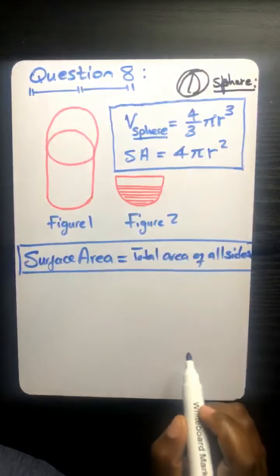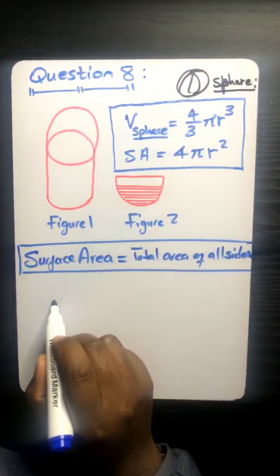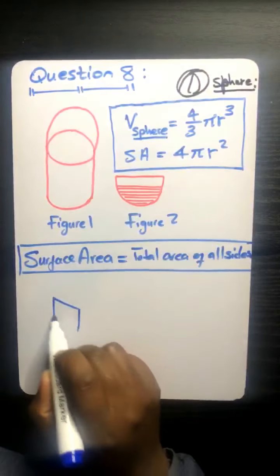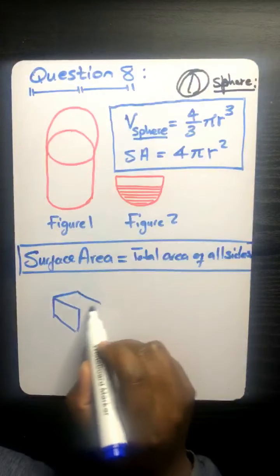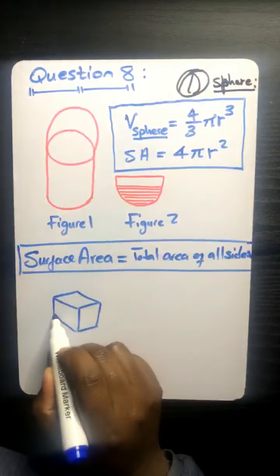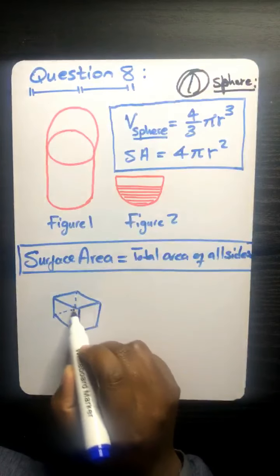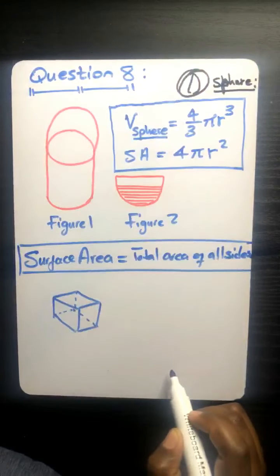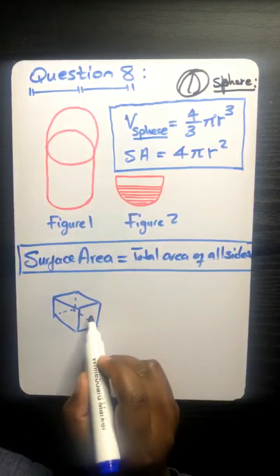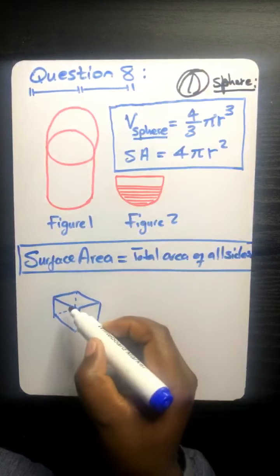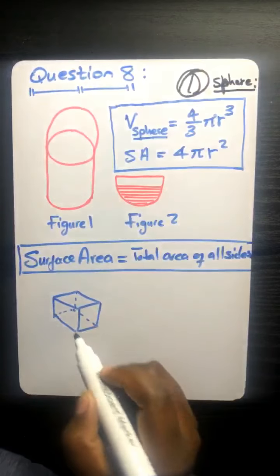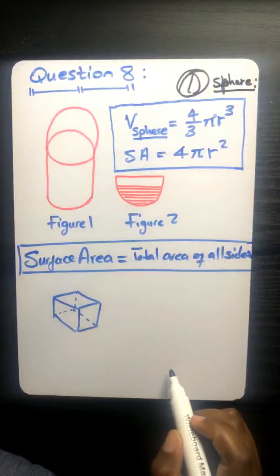For example, if we have a box similar to that, I'll try and draw it in 3D. Let's say this is a full box. Yesterday you said we have 1, 2, 3, 4, 5, 6. You said we have 6 sides.